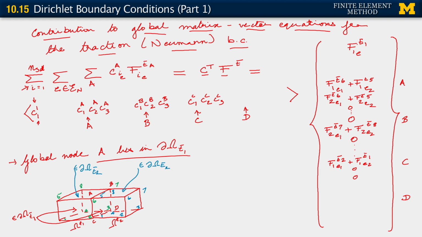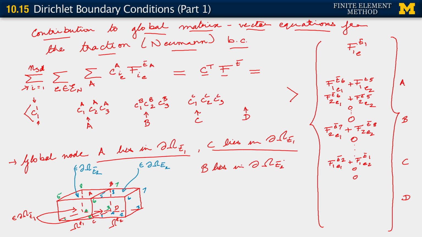Global node A lies in partial omega t bar 1, C also lies in partial omega t bar 1, B lies in partial omega t bar 2.